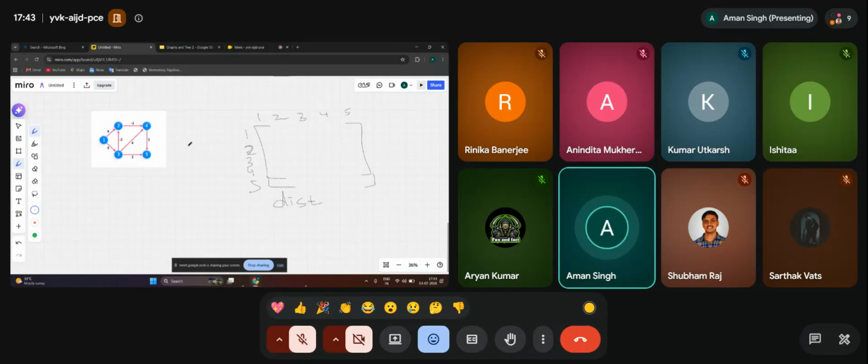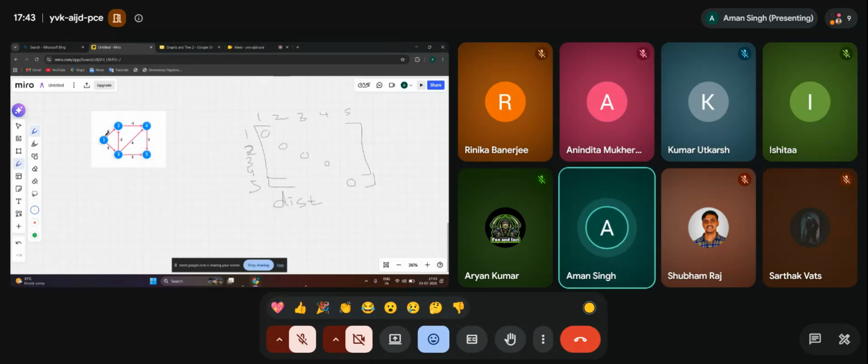Initially, as we know, from a node to itself we can reach at zero cost. So we store 0 on the diagonal, because we can reach from a node to itself in zero cost. After this, also store the edge weights of all the direct edges.